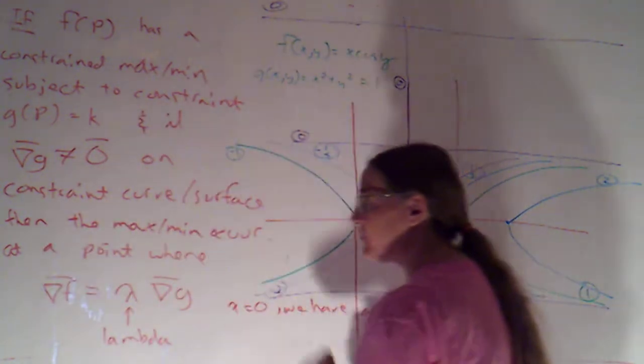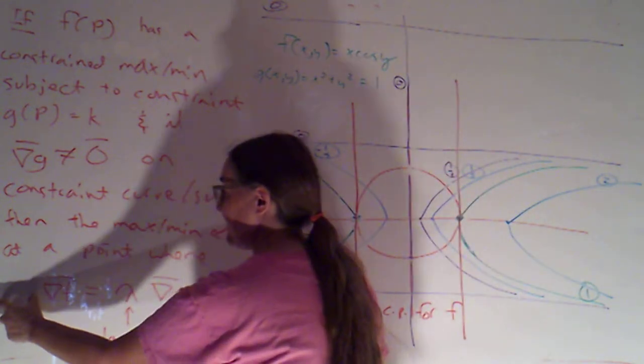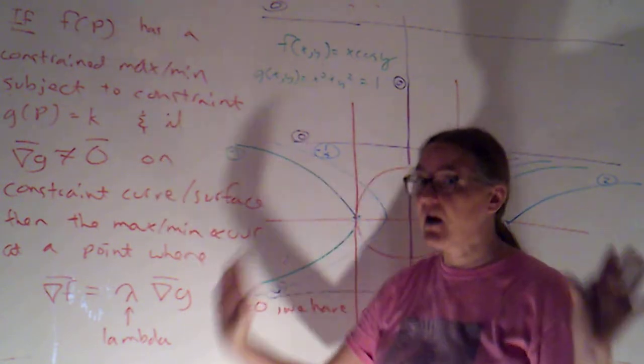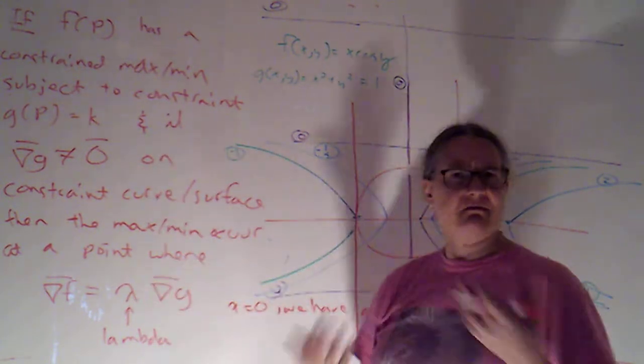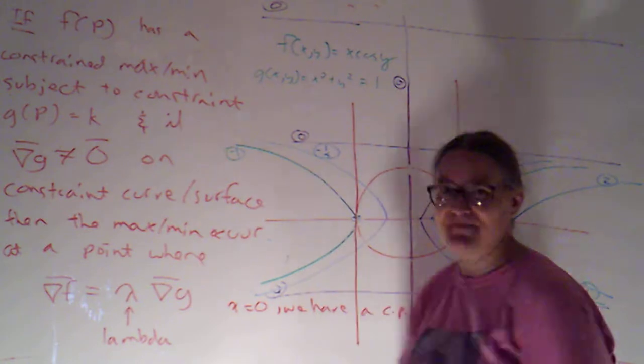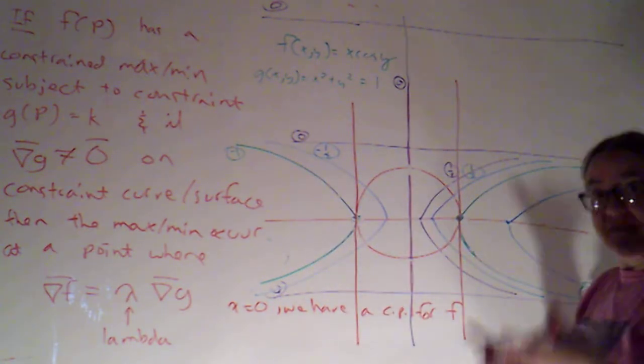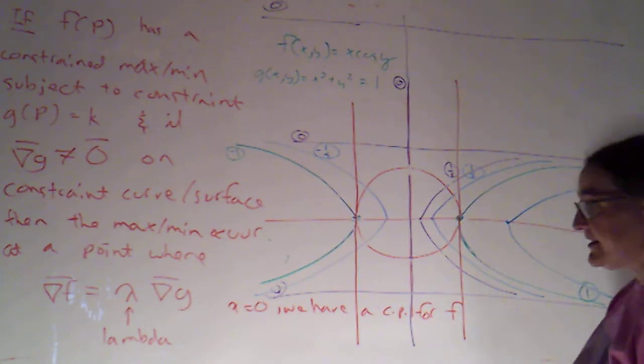Because if lambda were 0 and I were multiplying it by the gradient of f, that would make the gradient of g 0. We can't have that. But I want to make sure that I consider any critical points that happen to be on the constraint. So this ensures that if there are any critical points of f that lie on the constraint, I will consider them.